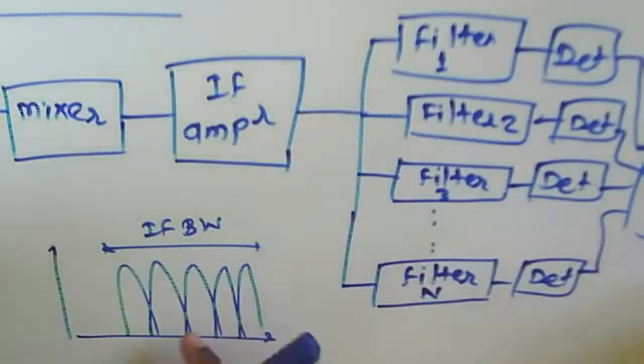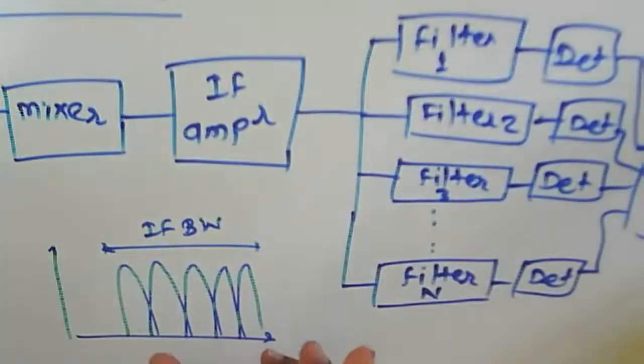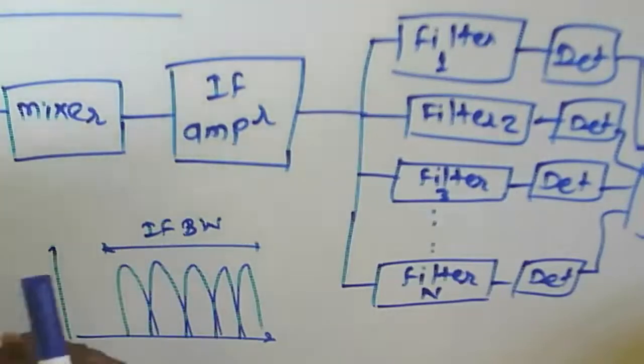But if there is an overlap of the band for a particular filter, in that case it will reduce the signal to noise. It will not improve the signal to noise. That's why we need to know in what way to improve the sensitivity of the receiver.